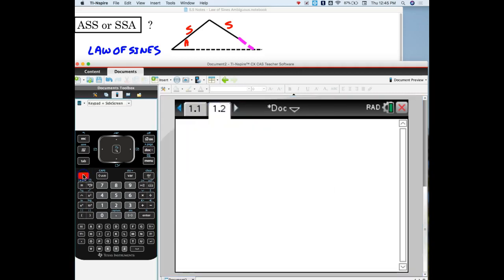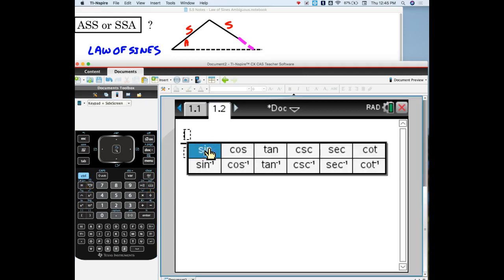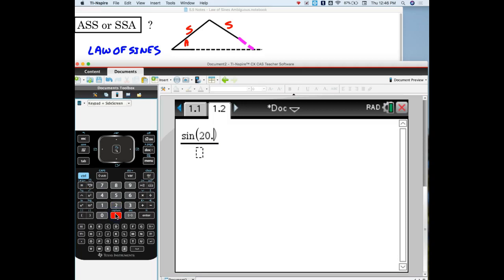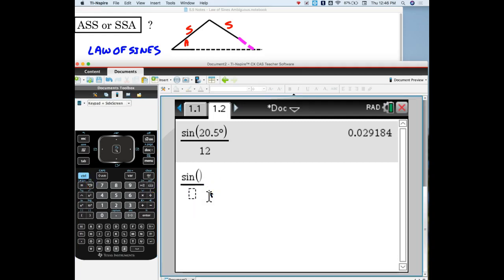I want to know what the sine of 20.5 degrees divided by, what did we say, 12, is. And then I want to compare that to the sine of 64.7832 degrees, and that gets divided by 31.